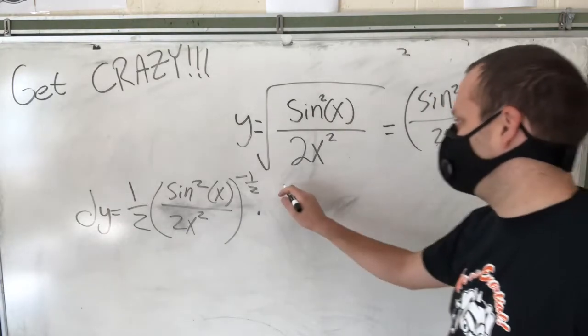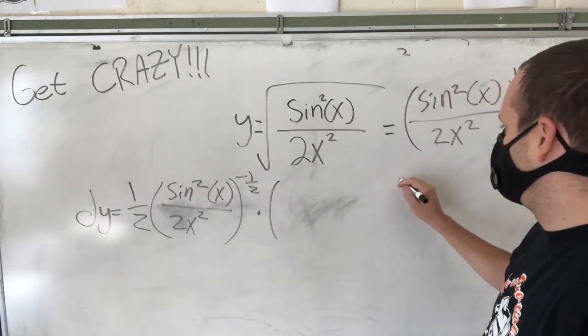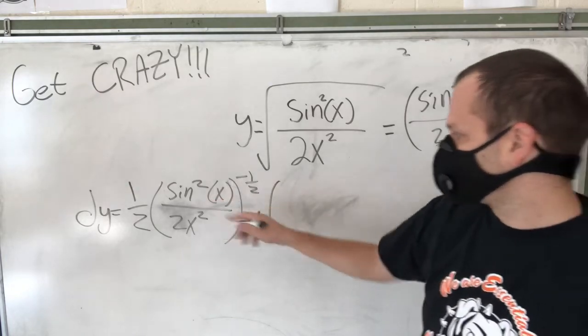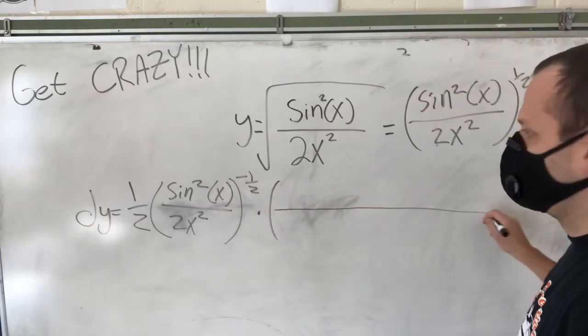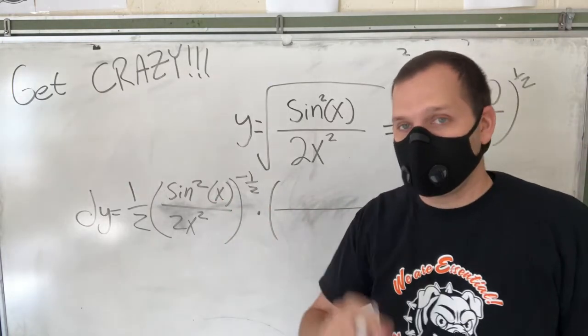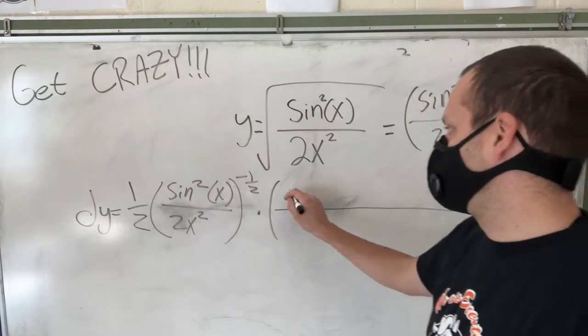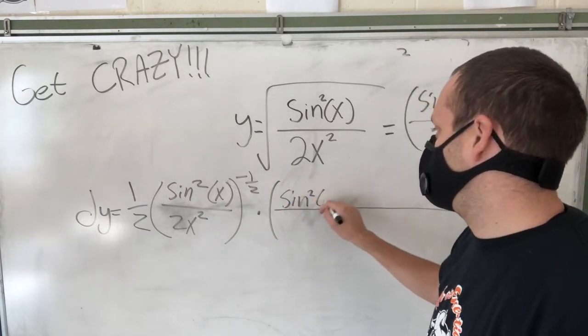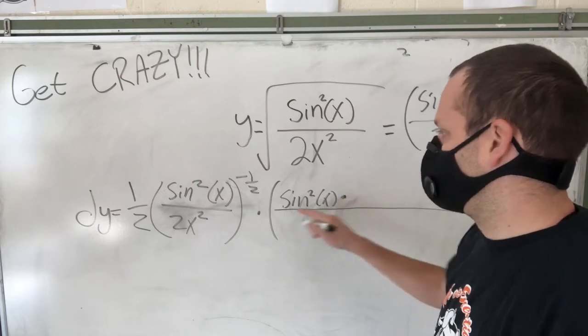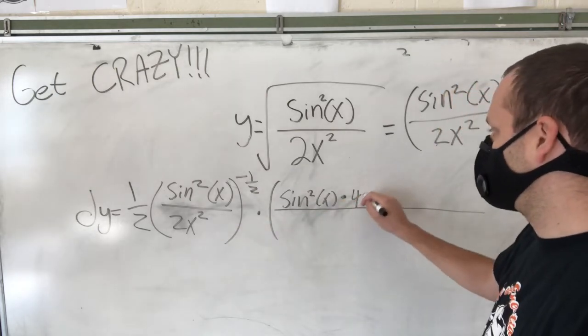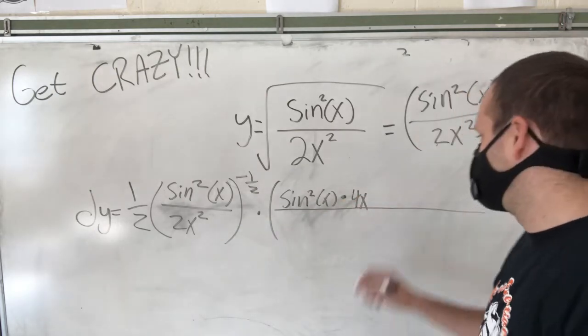The derivative of the inside, we're going to use the quotient rule, all right? Remember, the quotient rule is the top times the derivative of the bottom. So sine squared x times the derivative of the bottom is 4x. That was easy.